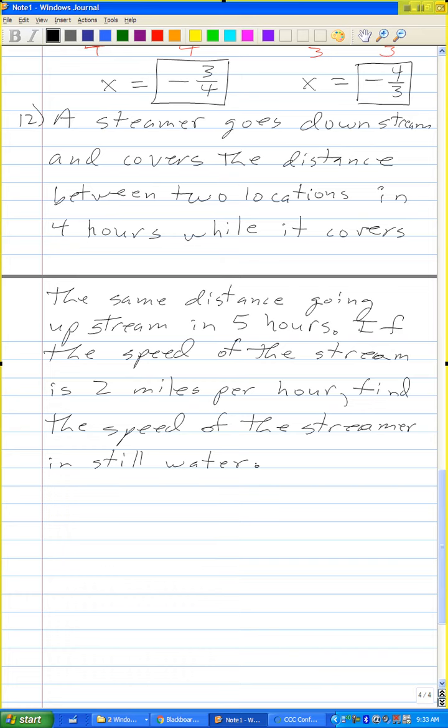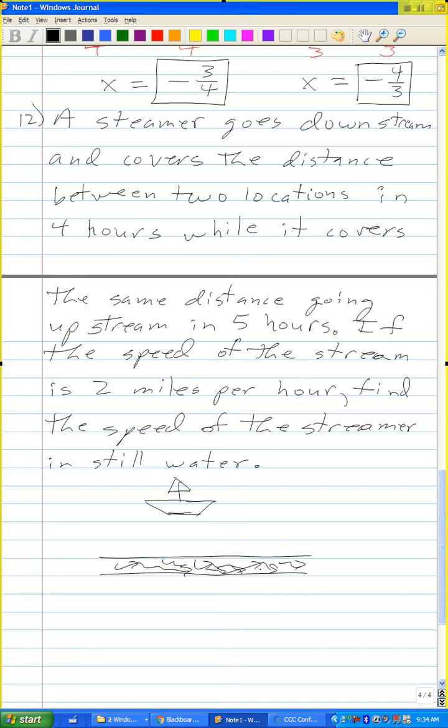Okay, so we have some steamer. Here's a stream. I guess the stream is flowing in that direction.